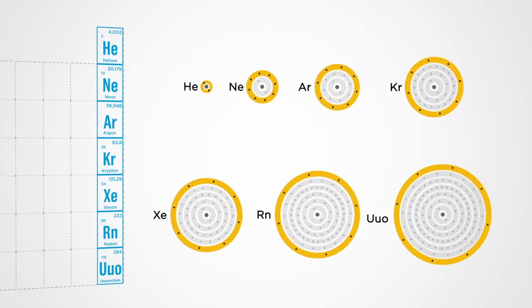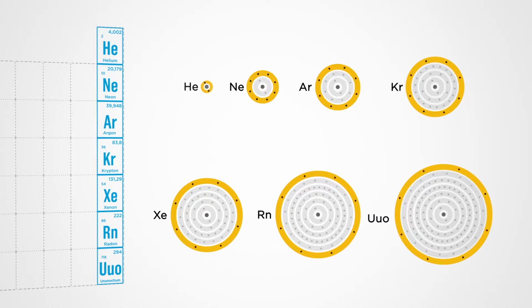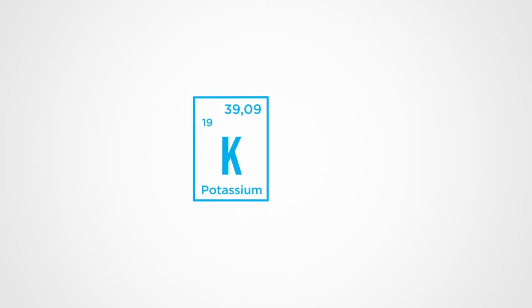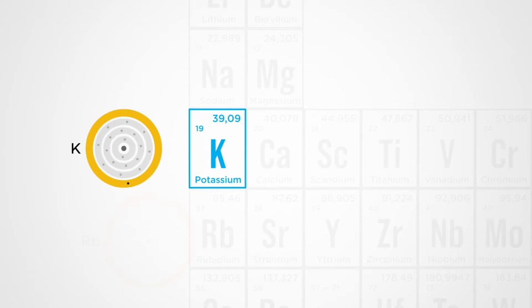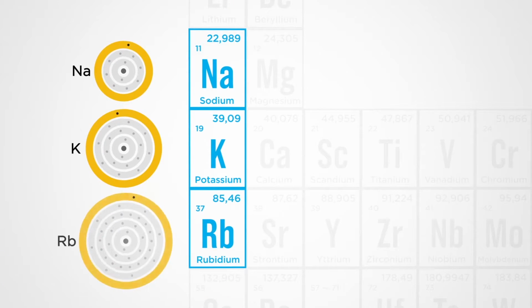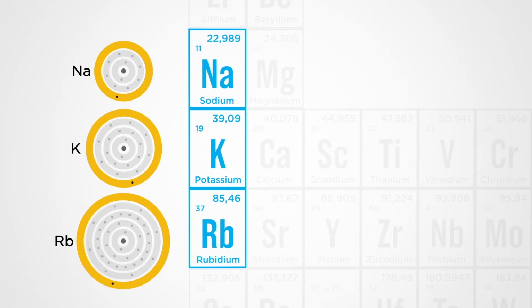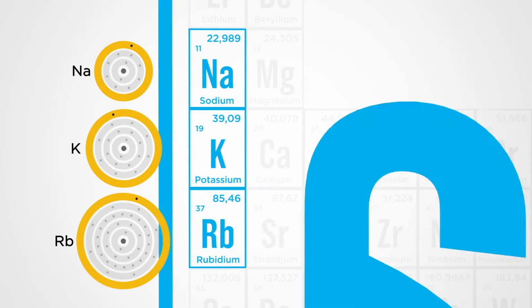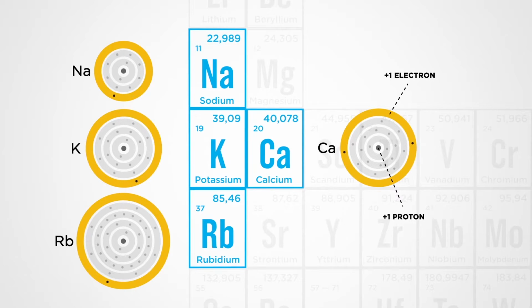And in the last column, we have those who have filled this layer. That's why each chemical element in the periodic table has a very well-defined neighborhood. Above and below it has elements with the same distribution of electrons and very similar properties, and on its right it has an element that has an electron and one proton more, and therefore has different properties.